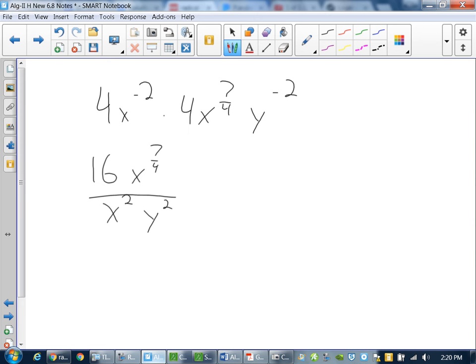But if you look at your numerator, it is a top-heavy fraction, which means it can be simplified further. That's where a lot of you tend to mix up some stuff. This can be further simplified because x to the 7/4 is the exact same thing as saying x to the 1 3/4. Yes, ma'am? Wait, why did you multiply the fours together? Because it's 4 times 4.